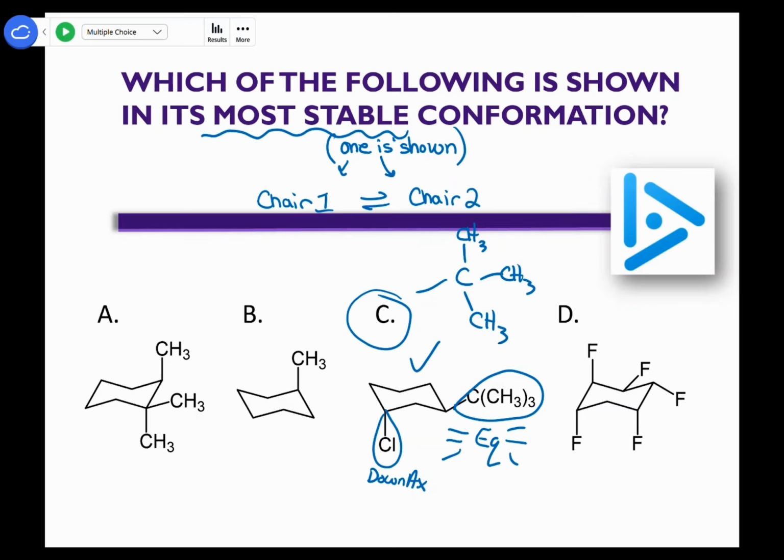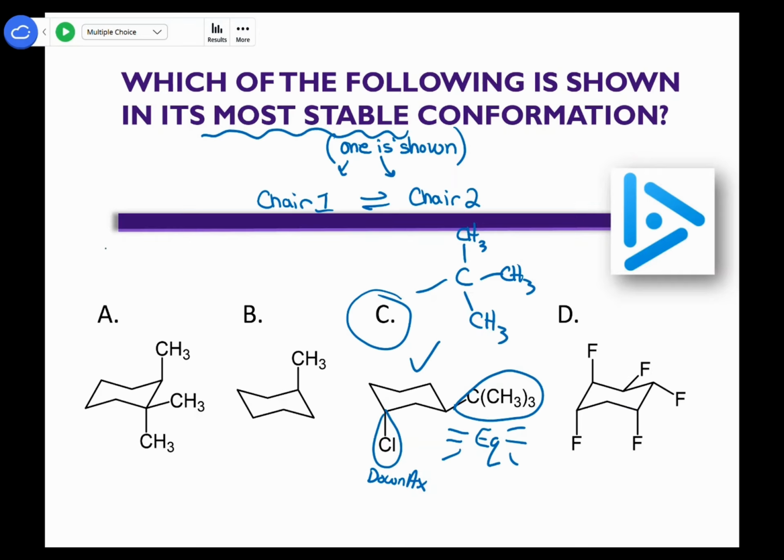But if we hold our cyclohexane like this, I'm going to take the down triangle and flip it up, the up triangle and flip it down. You can see I now have 2 methyl groups in equatorial positions, only 1 in an axial position. So the chair conformation that's not shown in A has more substituents in equatorial positions. So the one shown is not the most stable.